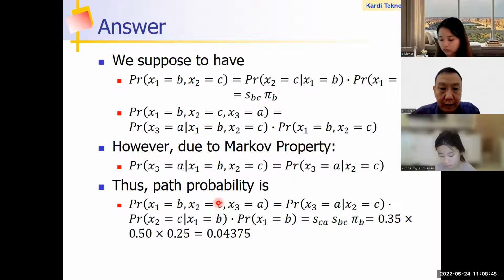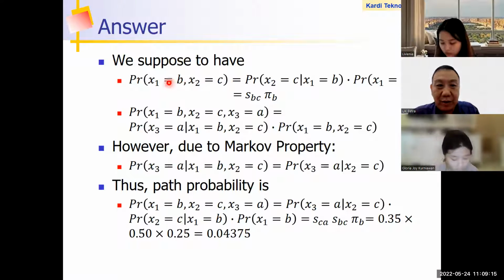And to calculate this, you're supposed to calculate one by one, yeah? So let's do it one by one, okay? So you have say x1 is B, x2 is C, right? So if you have this joint probability, what you will do, okay? So you divide this, right?